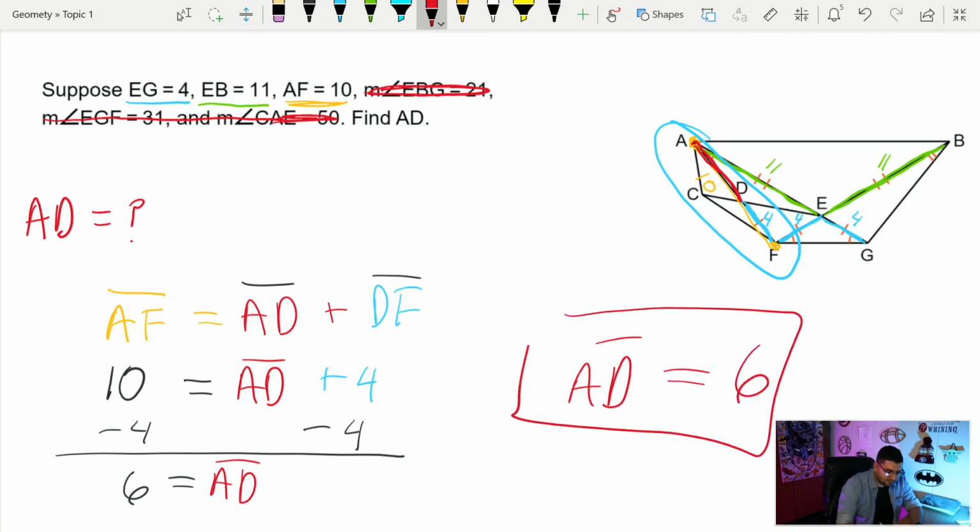And this is how we use congruency to help us solve these problems. Usually when I'm labeling my lines, I go ahead and match all the other lines that are congruent. So when I labeled EG over here, labeling all the other lines that were the same length as EG based on congruency made it easier for me to see the connection and solve this problem in the end.